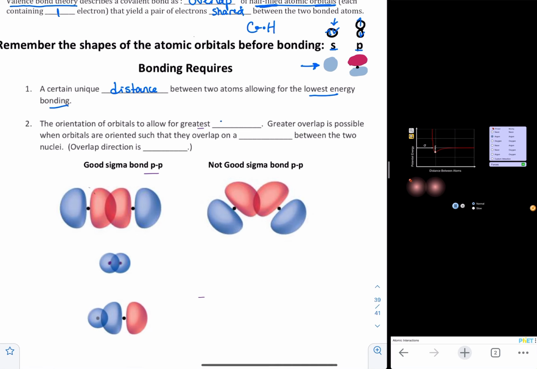But what you need is the greatest overlap, and it's when they're oriented in such a way that they overlap on an axis between the two nuclei. So we want to make sure that the bond is right between them. You're going to see some examples here in just a second. So the overlap direction is important.